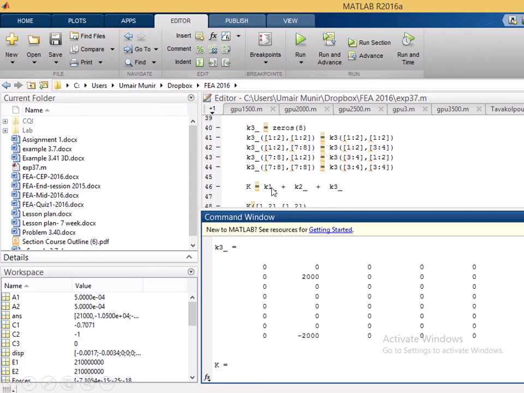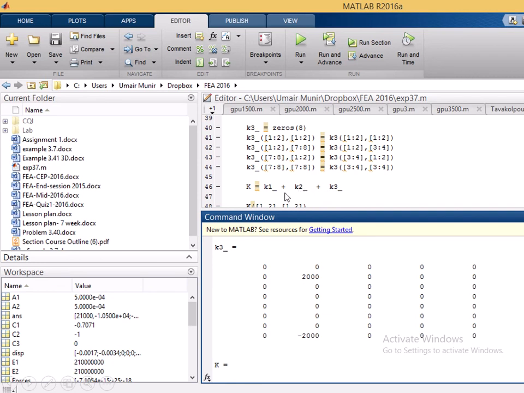After this we will find the global stiffness matrix, which is equal to K1 underscore plus K2 underscore plus K3 underscore. We cannot simply add K1 plus K2 plus K3 because they were not 8 by 8 matrices.